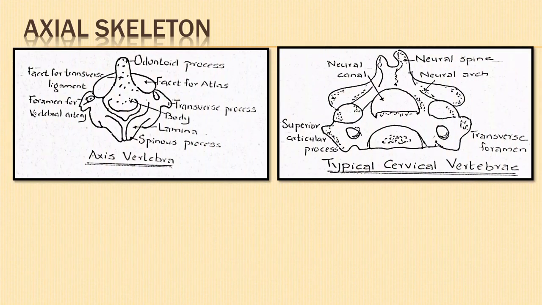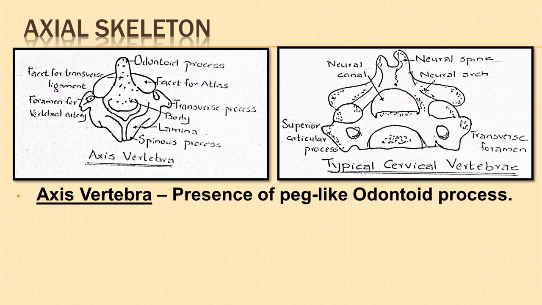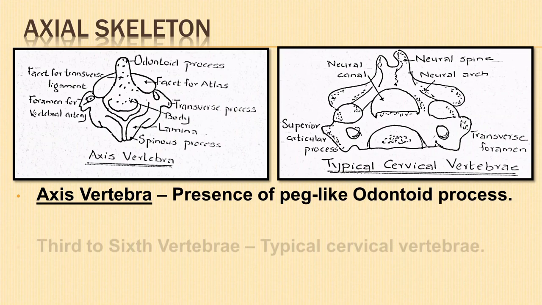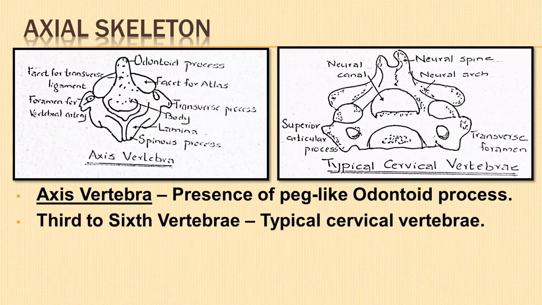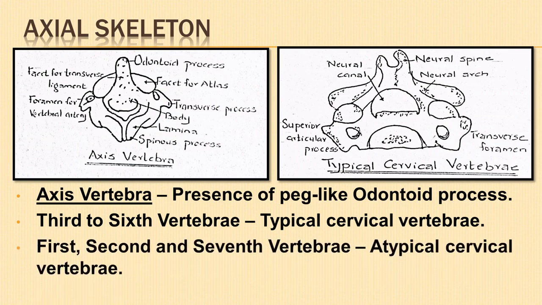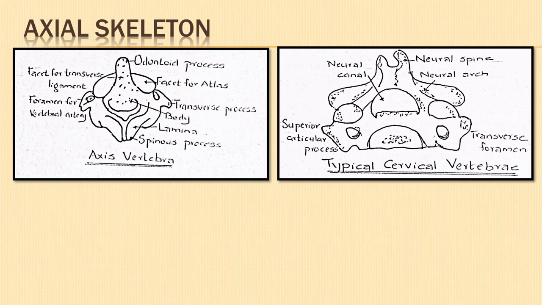Axis vertebra is the second cervical vertebra with a peg-like odontoid process. Third, fourth, fifth, and sixth vertebrae are known as typical cervical vertebrae. The first, second, and seventh vertebrae are known as atypical cervical vertebrae.